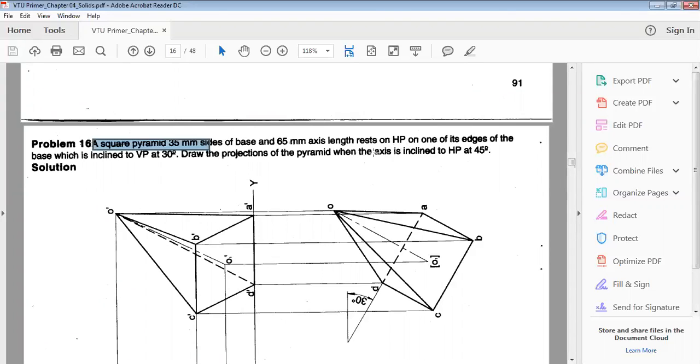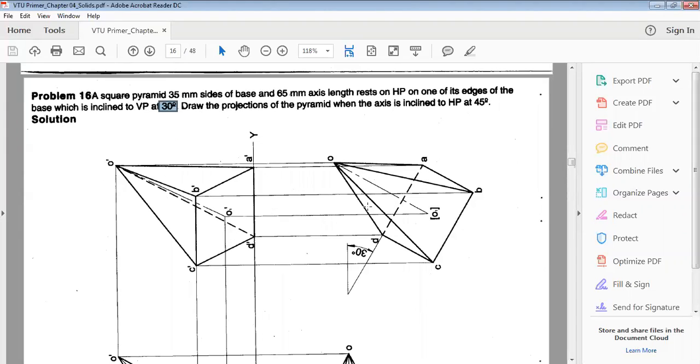It is resting on HP on one of its base edges, and this edge is making an inclination of 30 degrees with respect to VP. Draw the projections of the pyramid when the axis is inclined to HP at 45 degrees. So this is what is given, friends.